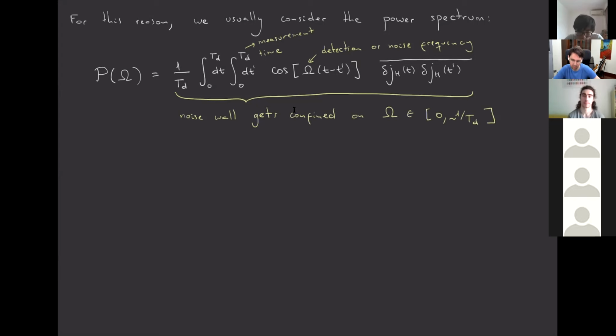So if you are integrating over a sufficiently long time, then only the frequency omega equals 0 will have noise. All the other frequencies will not have a variance that goes to infinity or anything like that. We'll give you a signal that is not infinity that you can measure.